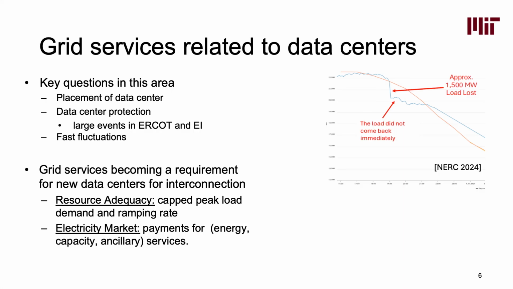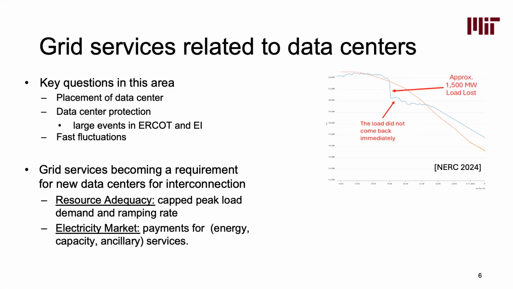When they trip off, if one data center trips off, that's fine. But if dozens of data centers trip off, that's going to be a big problem for the grid, which essentially translated to the actual load curve, the blue curve here. We can see that there's actually 1.5 gigawatts of load loss within just a few minutes.